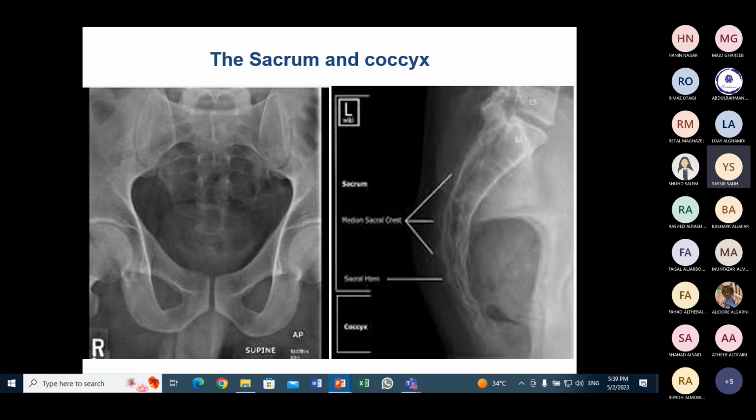This is AP for the sacrum and coccyx, fused and not separate like this. This is lateral. This is L5 and this is S1. This is the L5-S1 disc space, and this is the sacrum, and this is the coccyx area. So this is the lateral and this is the AP X-ray for the sacrum and coccyx.